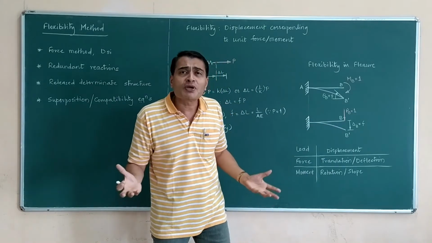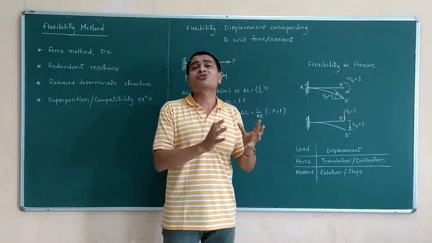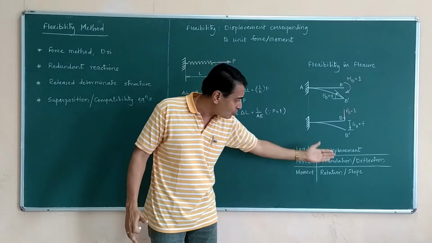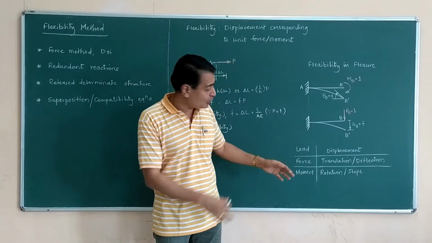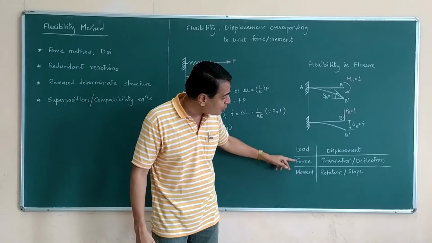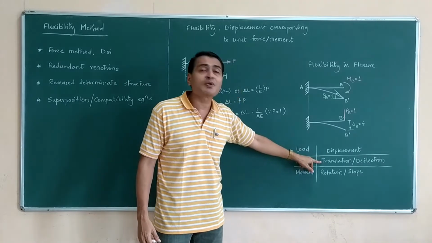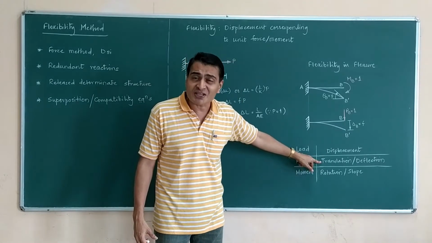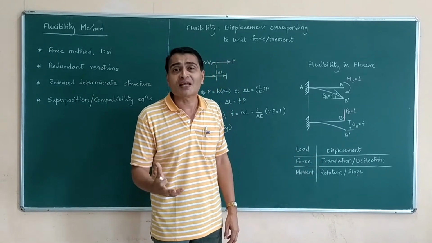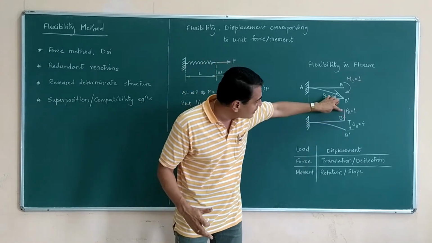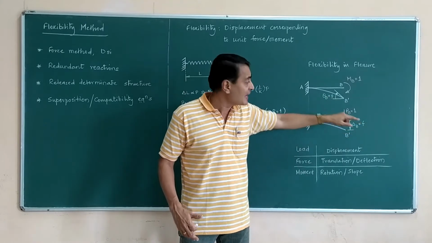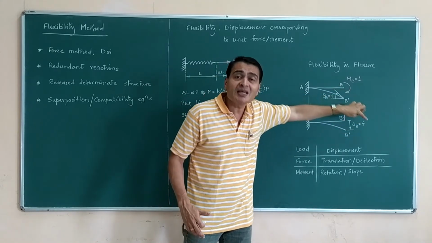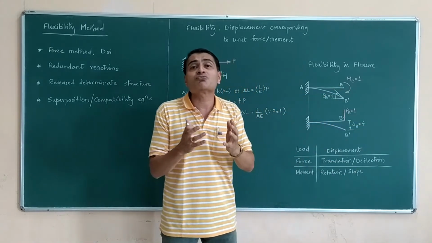So often enough we have discussed this cause and consequence relation, and I have also repeated it in my table below: if load is force, corresponding displacement you have to consider as translational, what we call deflection. So that is depicted here. This is force, corresponding displacement is deflection, and since the force is unity, that deflection I am calling as flexibility.